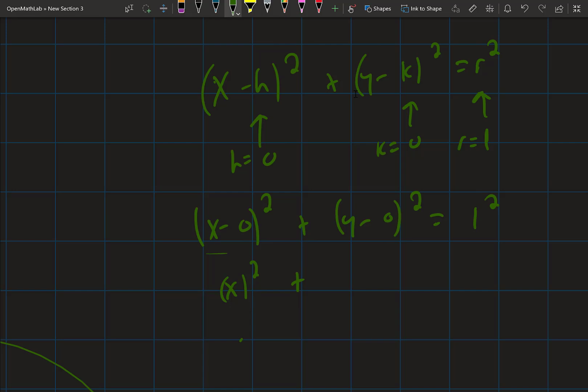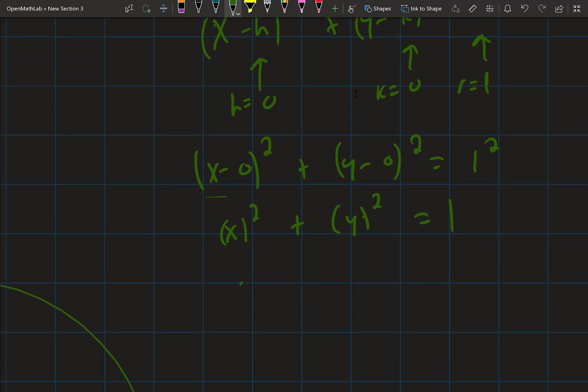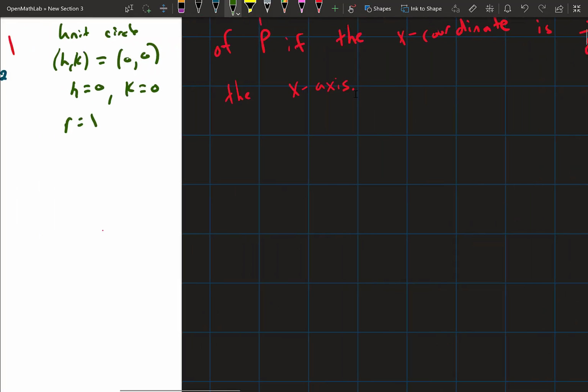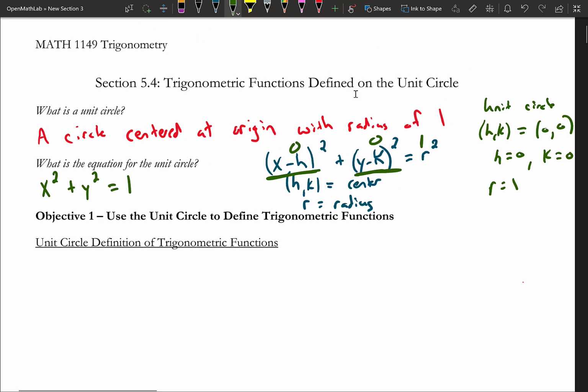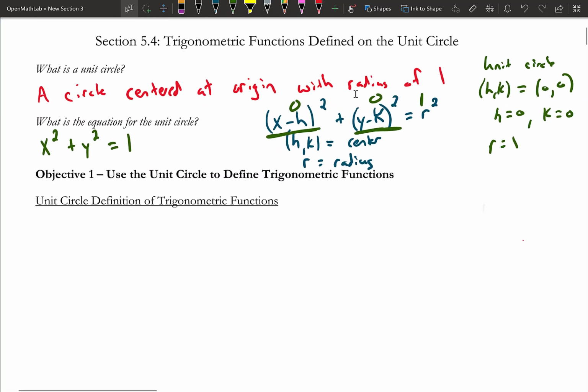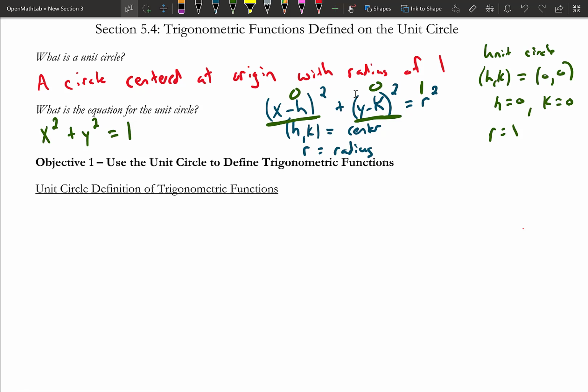So x minus 0 is x, y minus 0 is y, and 1 squared is 1. Right? So then here I could just write this now as x squared plus y squared equals 1. Right? So those are going to be some important items to help us with defining the trig functions on the unit circle. Right?